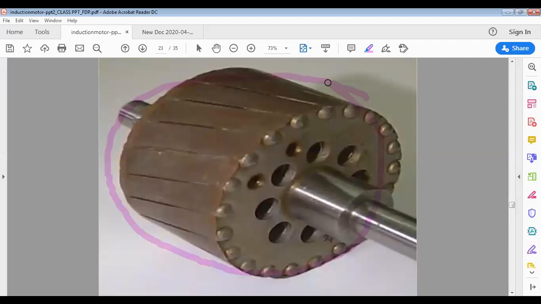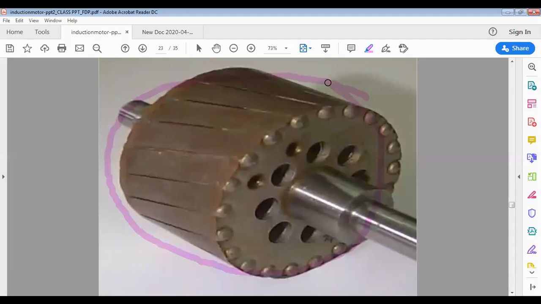If you want to change the rotor resistance, in the windings you can't change. Okay, that is the disadvantage of the squirrel cage rotor. But that is possible with slip ring. In a slip ring induction motor, its rotor is so designed that if you want to change the rotor resistance, you can add external resistance, in the second type.